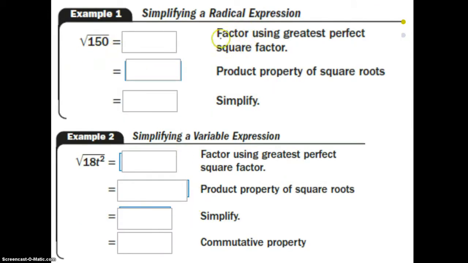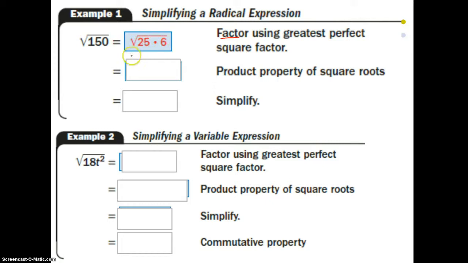150. First factor using greatest perfect square factors. So give me two numbers that make 150, and one of them should at least be a perfect square. 25 and 6. 25 is a perfect, well, actually both of them are.